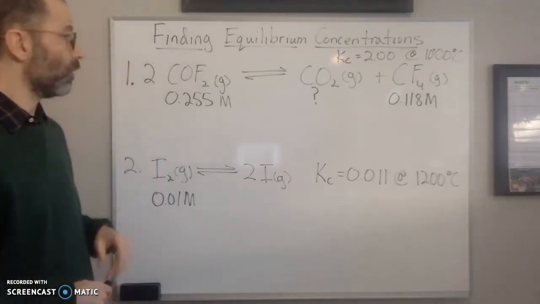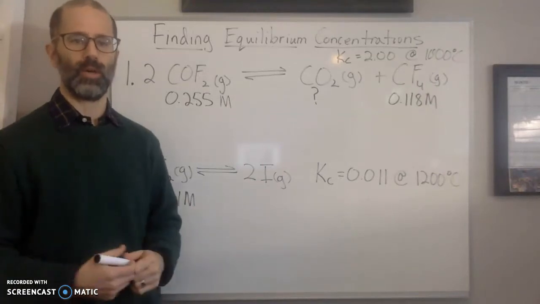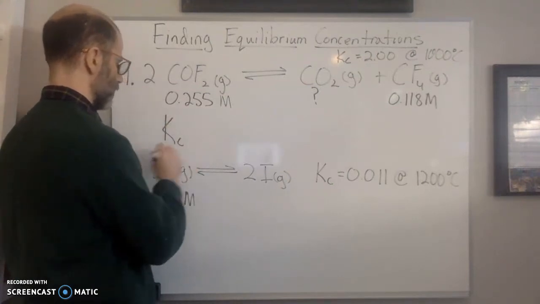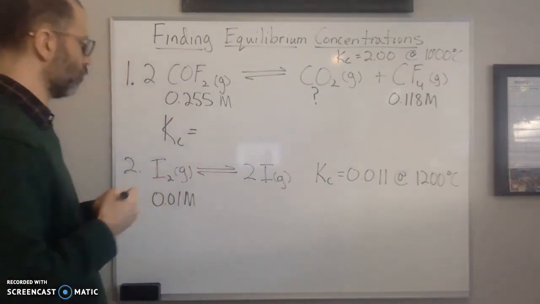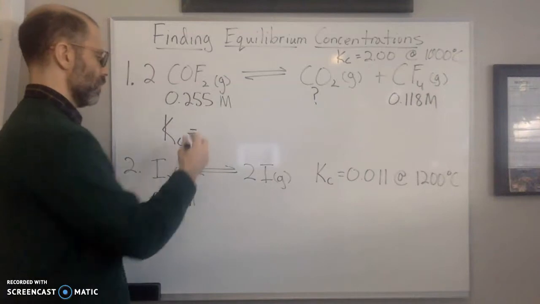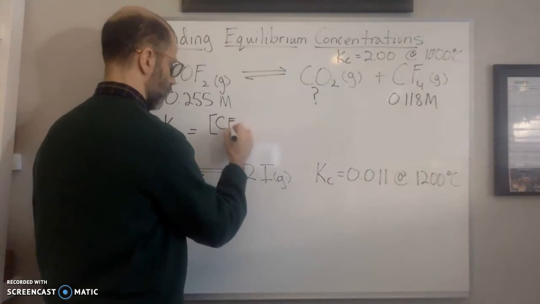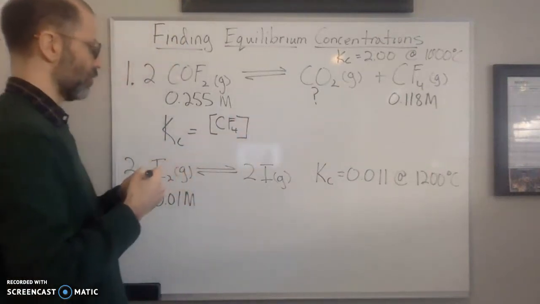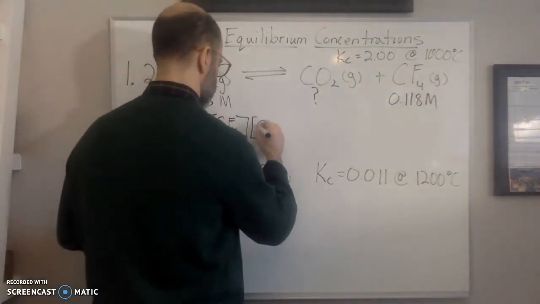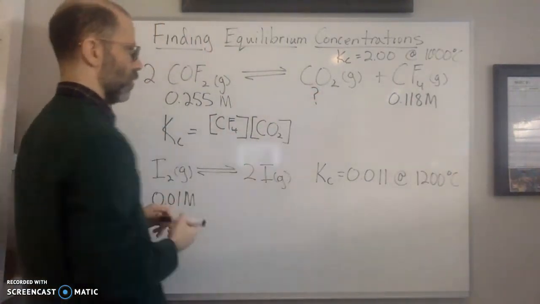Well, the first thing you want to do is write down the equilibrium constant expression for the equation. So for this one, your Kc expression would be equal to, again, products over reactants, so it's going to be the concentration of CF4 raised to the 1 power because of the coefficient of 1, multiplied by CO2 raised to the power of 1 because we have coefficient 1.